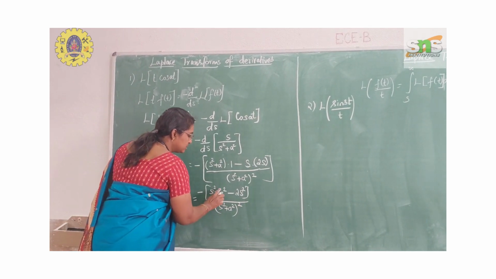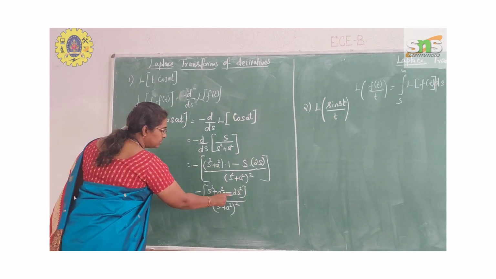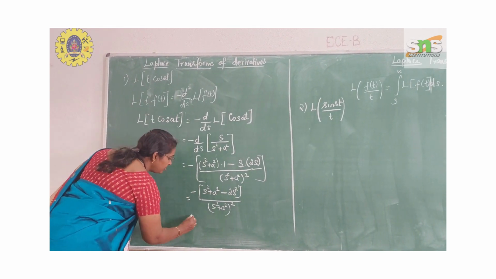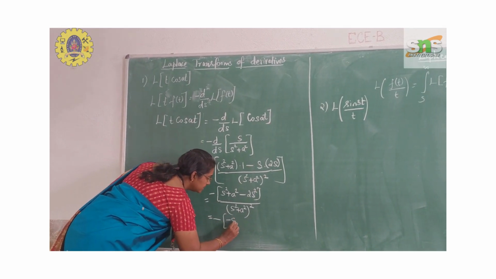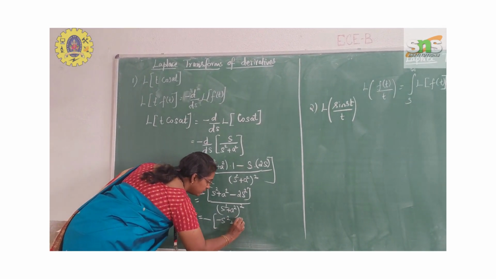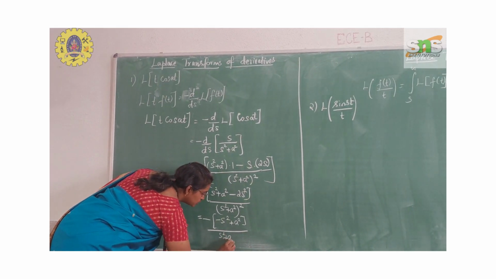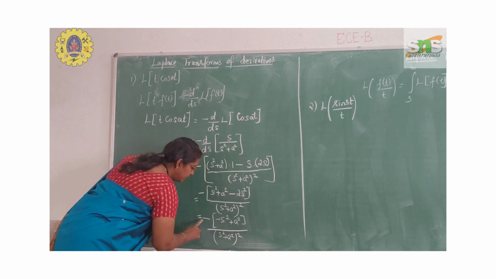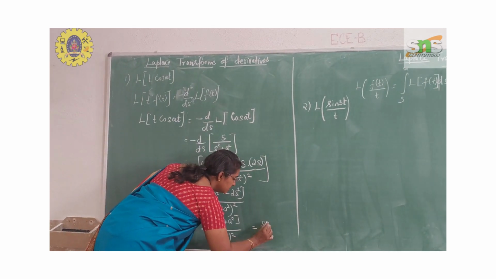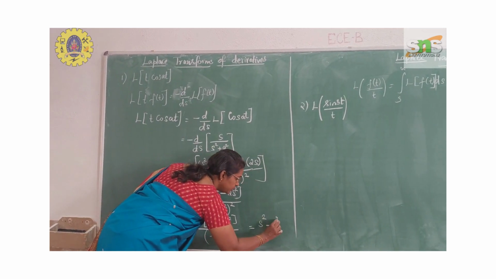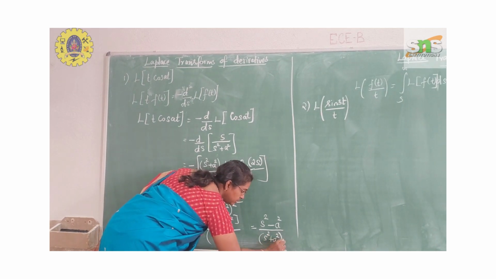After this, s square minus 2s square, subtracting these two, we get minus of minus s square plus a square divided by s square plus a square the whole square, and then multiplying with the minus we get s square minus a square divided by s square plus a square the whole square.